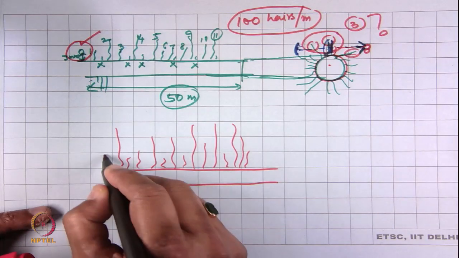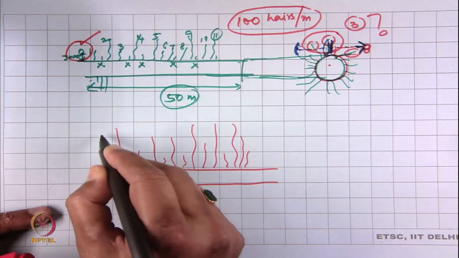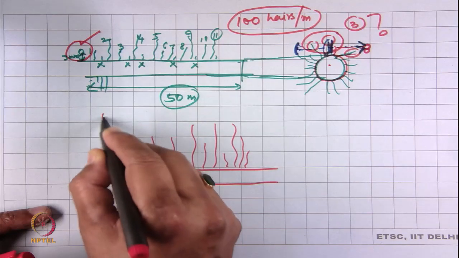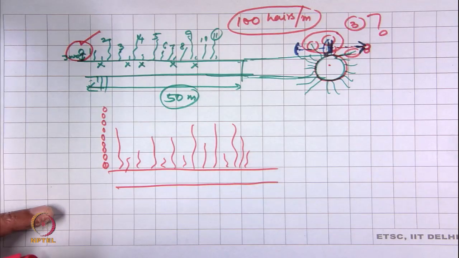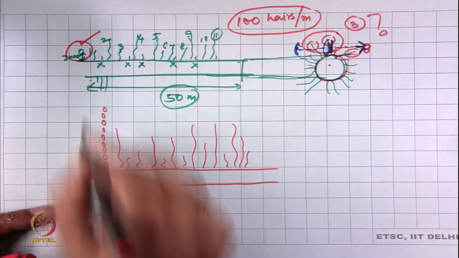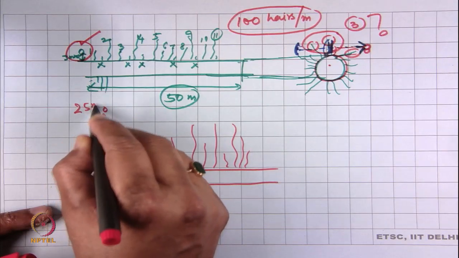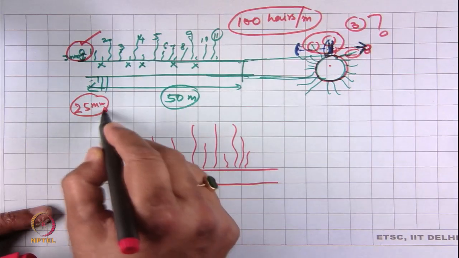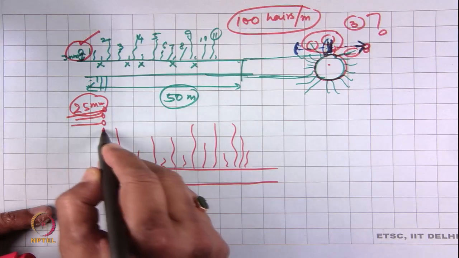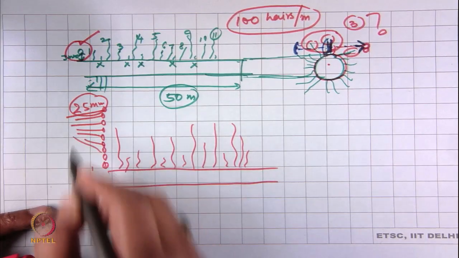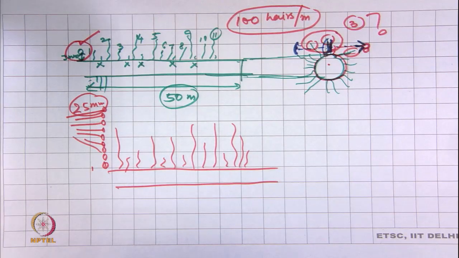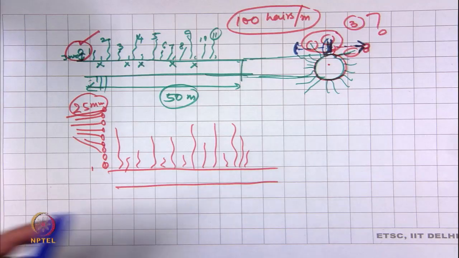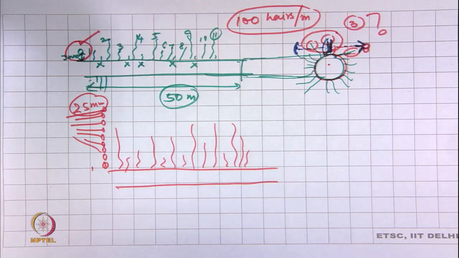But here we have a number of photoreceptors, typically 12, at different distances from 1 millimeter to 25 millimeter, and they get the signal simultaneously. In one go, in one test, we can get the total distribution of the number of hairs of different projected lengths.